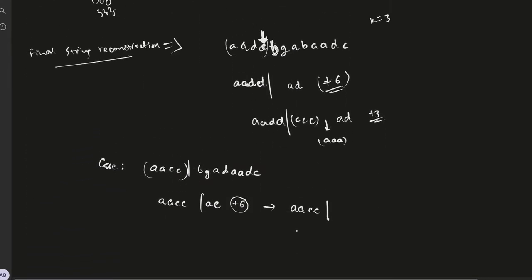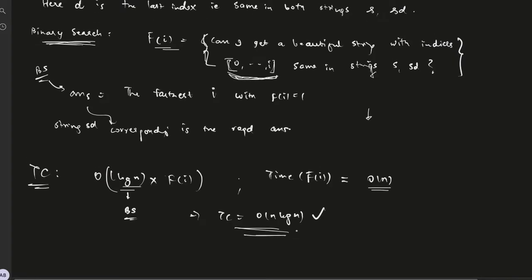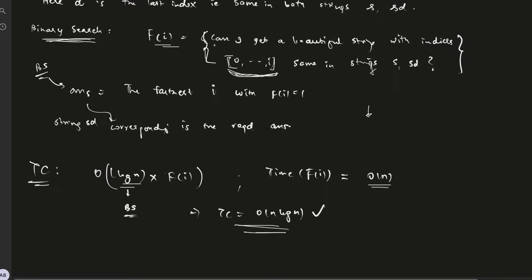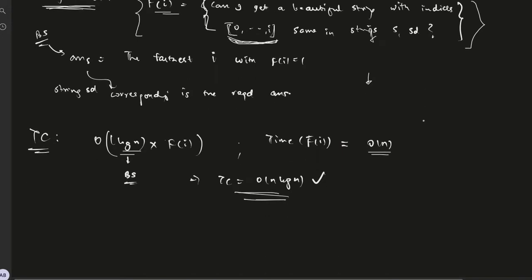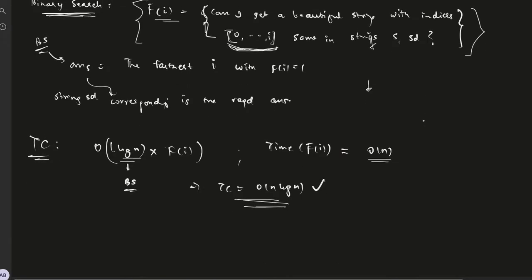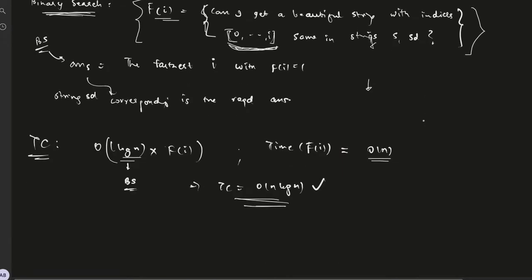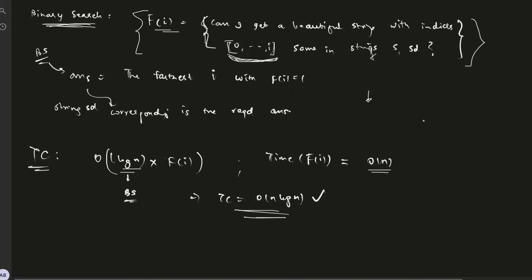Now, let's think about f of I. How do we formulate this function? A very greedy approach which works in this case is that, first of all, copy all these indices to the string t.